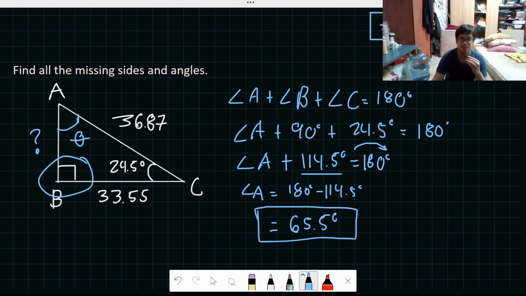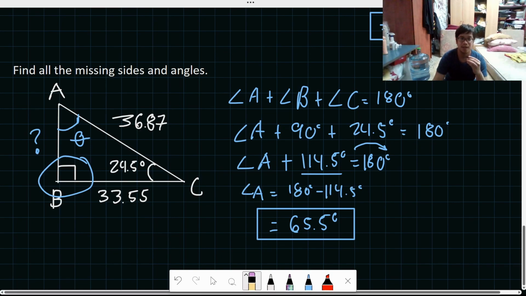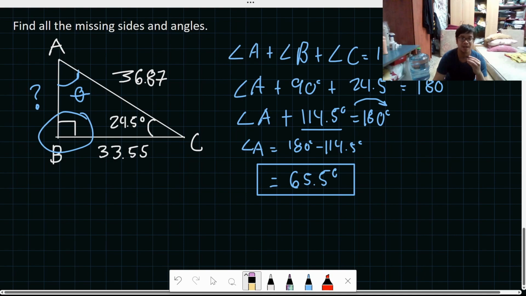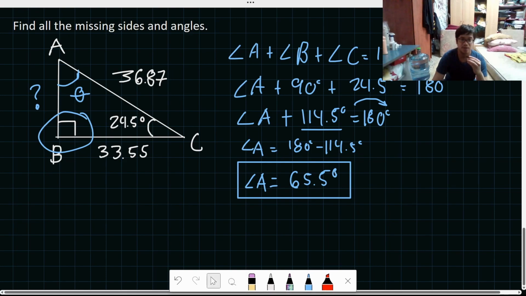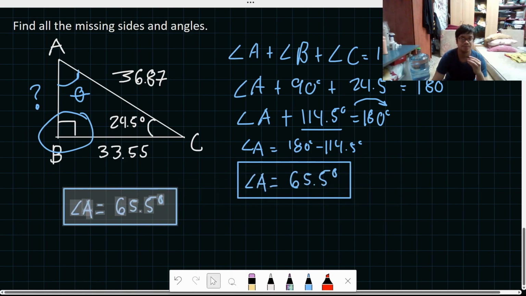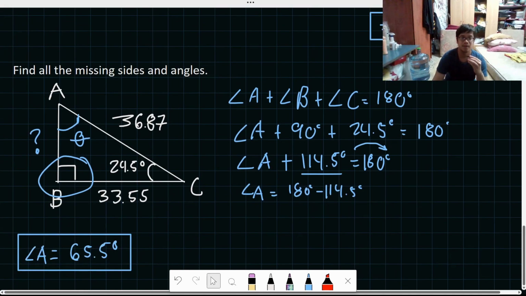That's our first answer. We're not done yet. This is for angle A. Let me just put angle A on the left side of the equation. So once again, this is 65.5 degrees. Now, we found angle A, which is 65.5 degrees.